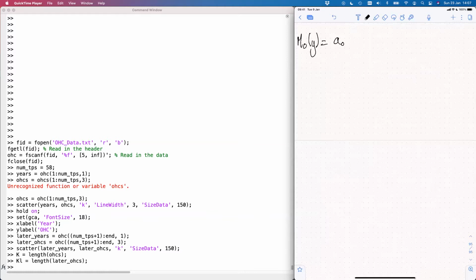And then M1 will be a linear model over time. Model 2, a quadratic model.